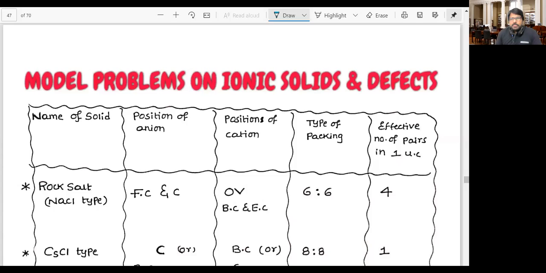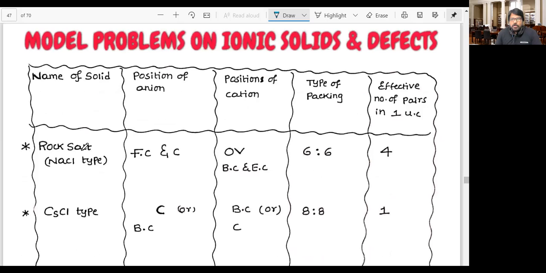First, before going to the numericals directly, let us try to recollect some information related to ionic solids. After studying all ionic solids in detail, what are the important points you have to remember?